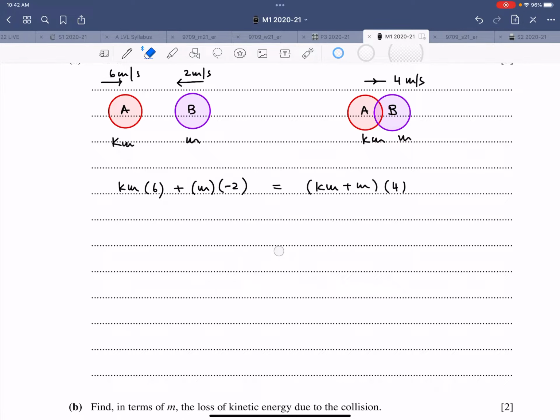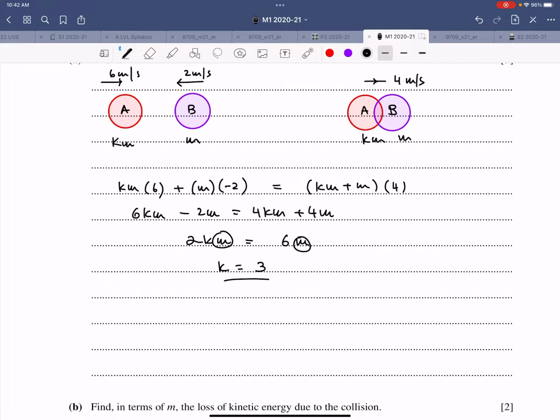So let me correct this. This is 6km minus 2m. This is 4km plus 4m. So take all the m's on one side. 4 plus 2 is 6m, and 6 minus 4 is 2km. Now cancel the m's, so therefore k comes out to be 3. So that is the value of k.